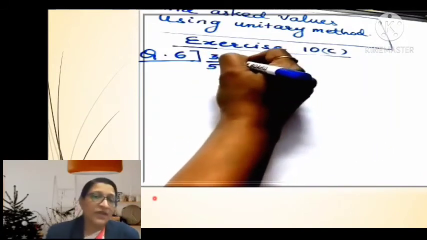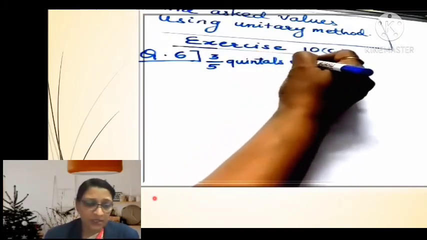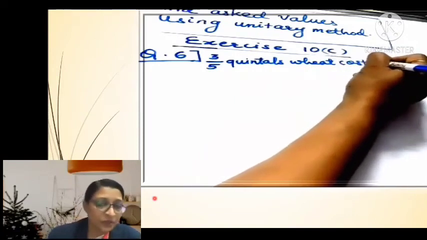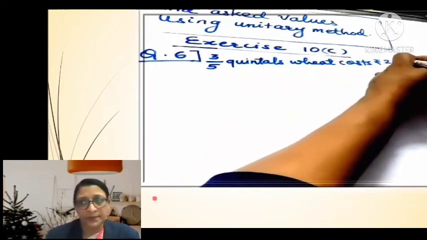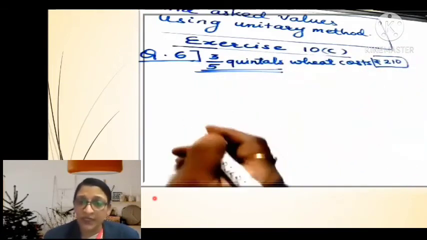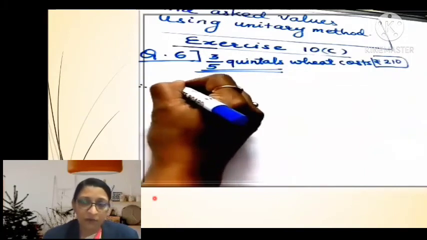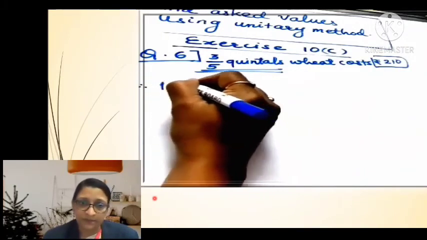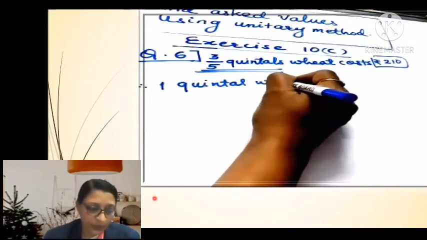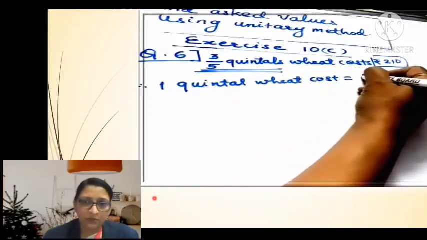So for finding out the answer, we will write down here: 3 by 5 quintals of wheat cost rupees 210. So by using unitary method, we can calculate the cost of 1 quintal wheat by dividing 210 with 3 by 5.